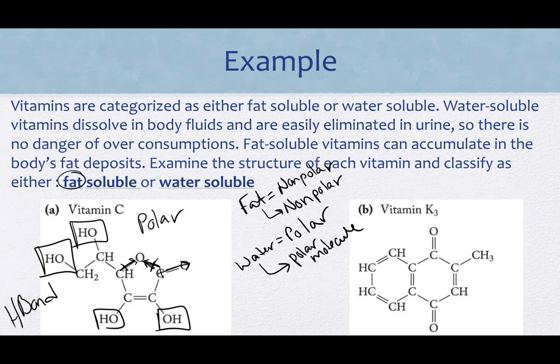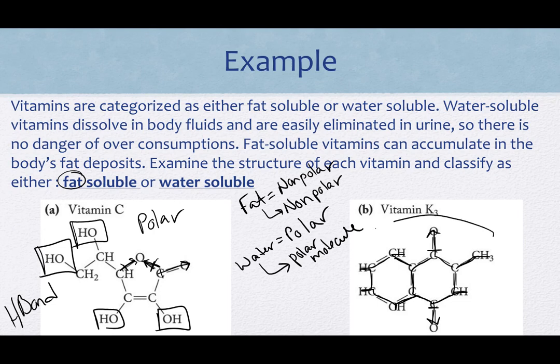Okay. Let's go over here to vitamin K. What do we see? I see carbons and hydrogens and carbons and hydrogens and carbons and carbons and carbons. And we know this carbon-hydrogen bond is a nonpolar bond. So far, all of these that I've traced are nonpolar. I do see a carbon-oxygen and a carbon-oxygen, so there is a little bit of polarity there.